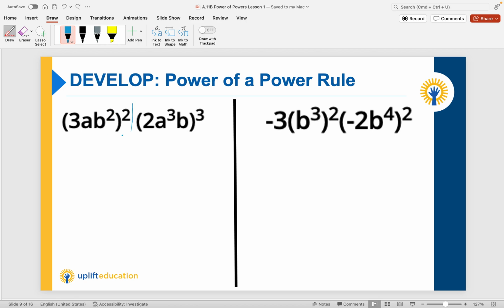And if we pay attention to this portion here, if we go by the power of power rule, the power of power rule said that this squared is going to have to be applied to everything. So if I rewrite this, I have 3 squared times a squared times b squared times 2.